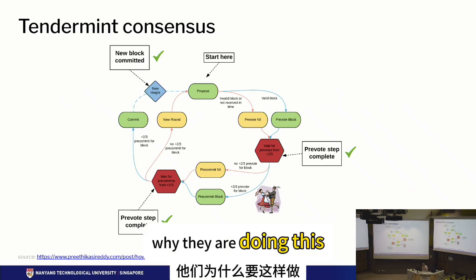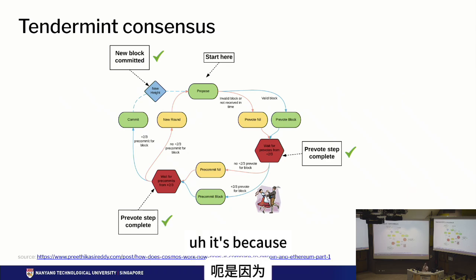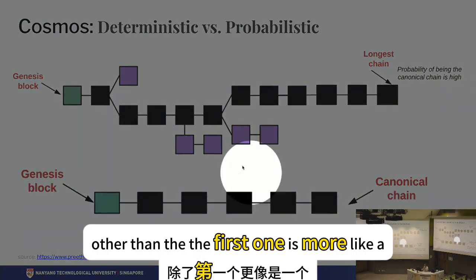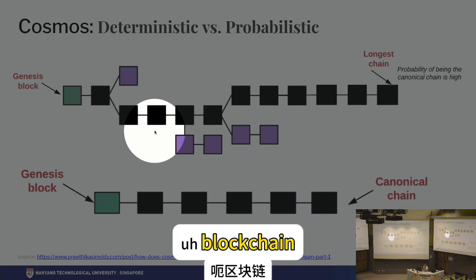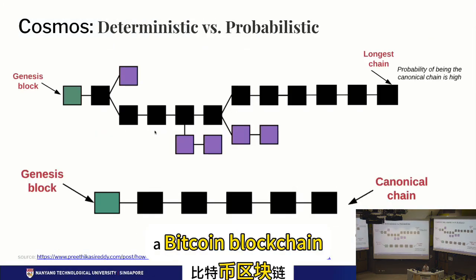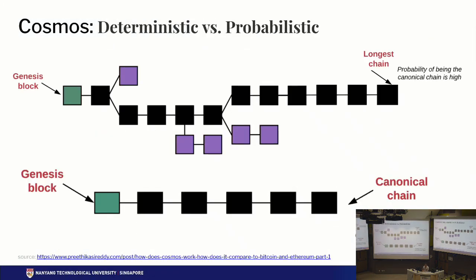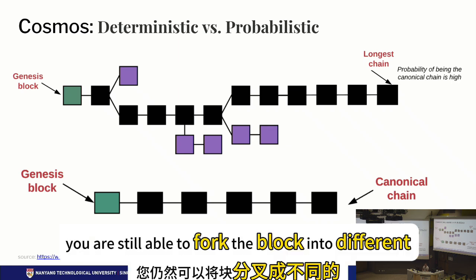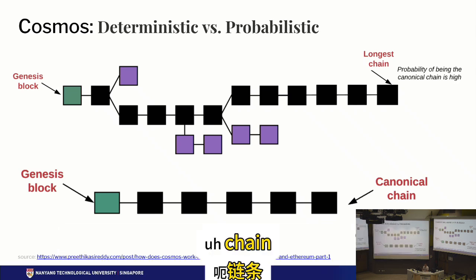Why are they doing this? Consider a Bitcoin blockchain: there's a chance that even after a block is inserted, you are still able to fork the chain into different chains.